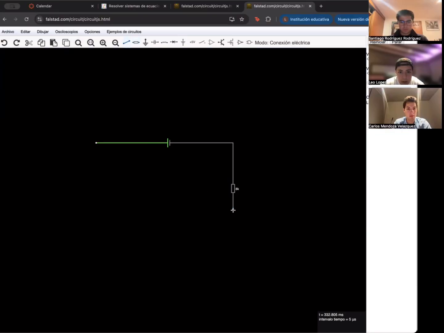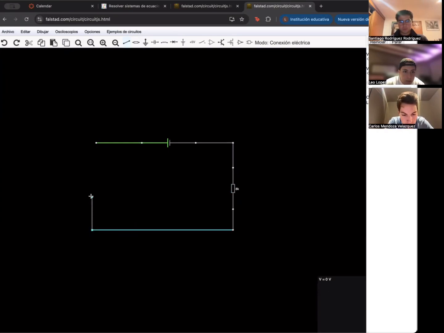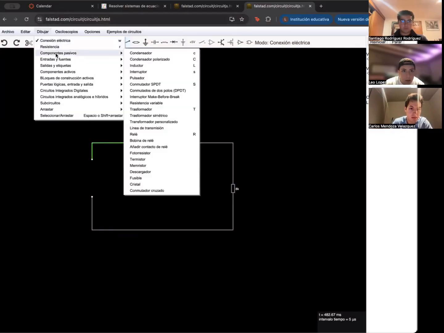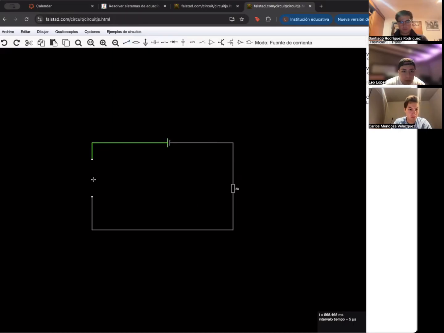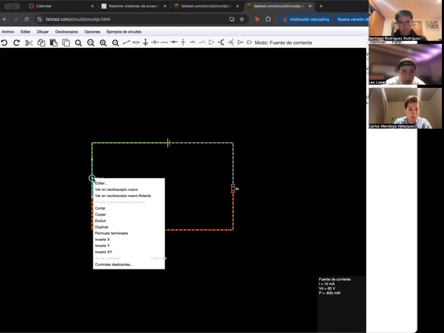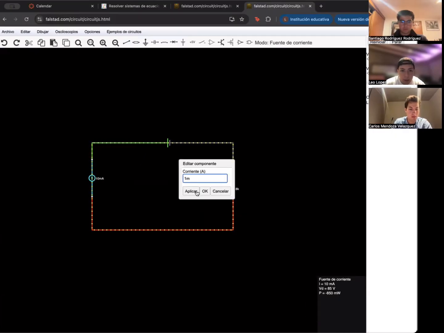And continue this way right here. We have nothing here. We have this here. Here a current source, which goes from bottom to top. And this is 1 milliampere.